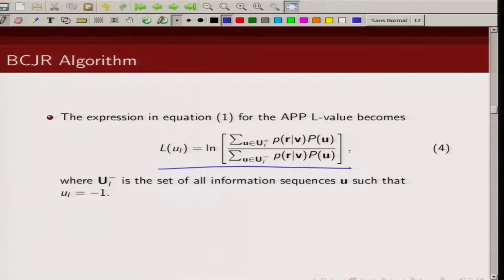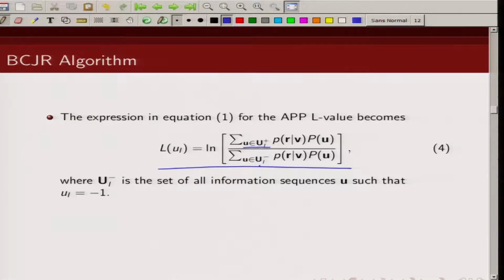So, again this L value, the APP value of U_l, is given by the probability of R given V multiplied by the probability of U, where we are summing over all information sequences where the corresponding bit is +1. And similarly, for the denominator we are summing over all information sequences where the information bit is -1.